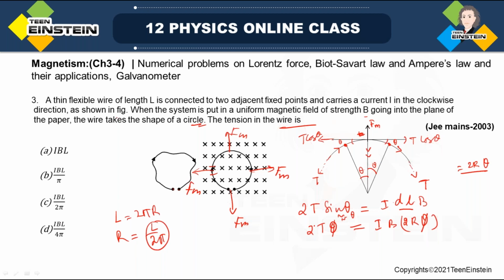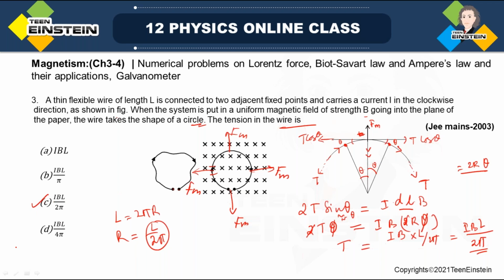So then this 2 gets cancelled. So T is equal to I B, R means L by 2 pi. So this will be I B L by 2 pi. Okay, so the answer for this question will be the option C.